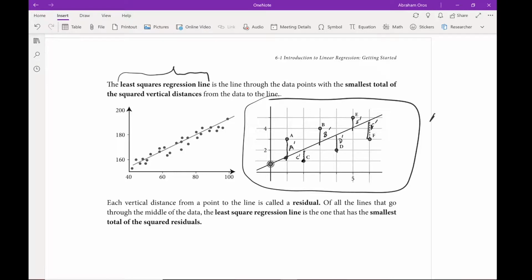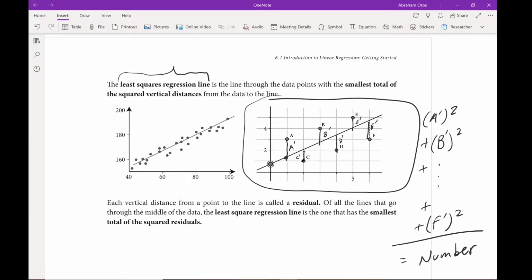If we took A prime and squared it, and added that to B prime squared, and so forth, all the way to F prime, and we sum them all up, it would equal some number. And so what we're trying to do is minimize this number.